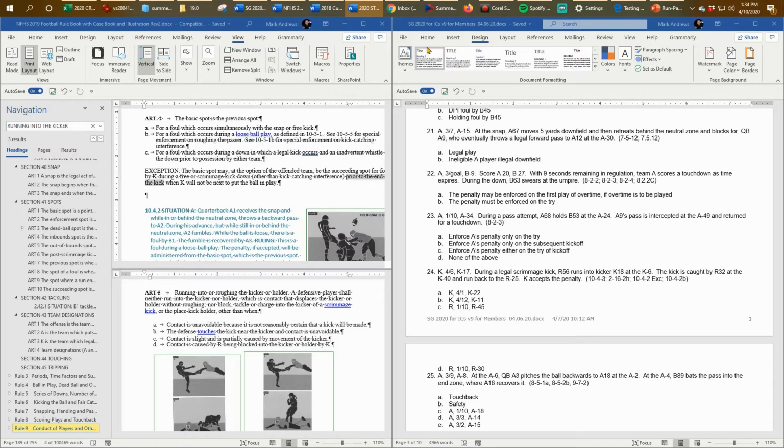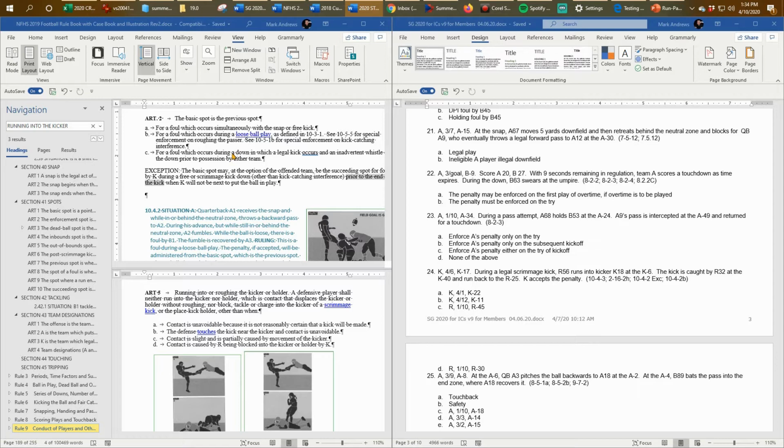Be the next to put the ball in play. It says K accepts the penalty, so K will be the next to be the team to put the ball in play on the next down. So it's not PSK. It is a loose ball play. Remember, a kick, right?